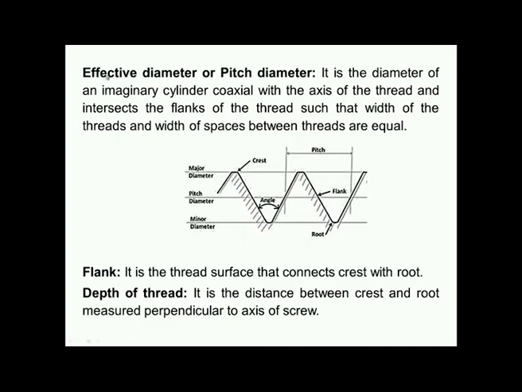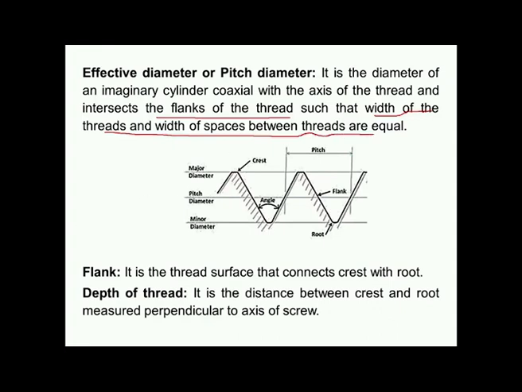Now, let us understand the meaning of effective diameter or pitch diameter. It is the diameter of an imaginary cylinder coaxial with the axis of the thread and intersects the flanks of the thread such that the width of threads and the width of spaces between the threads are equal.